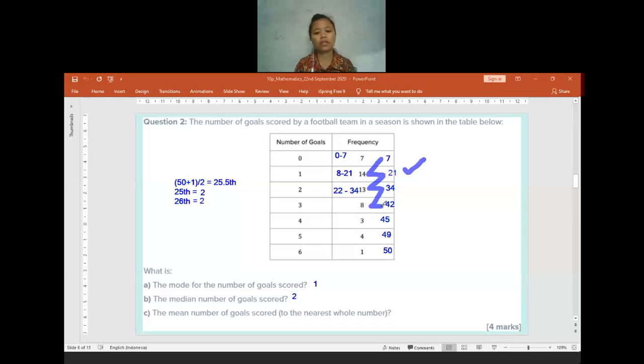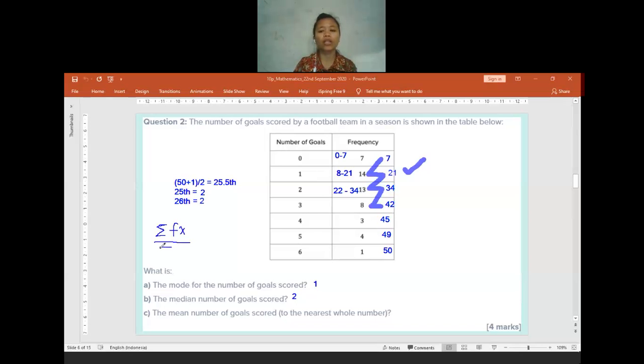Okay, if it is really clear enough, now we are going to find the mean. For finding the mean when it is given in the cumulative frequency in the frequency table, remember the formula: for the mean, it will be sigma fx divided by sigma f.